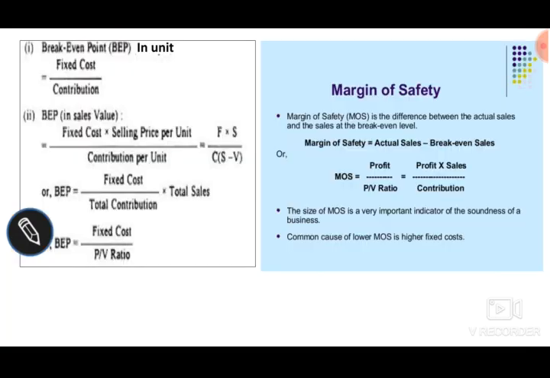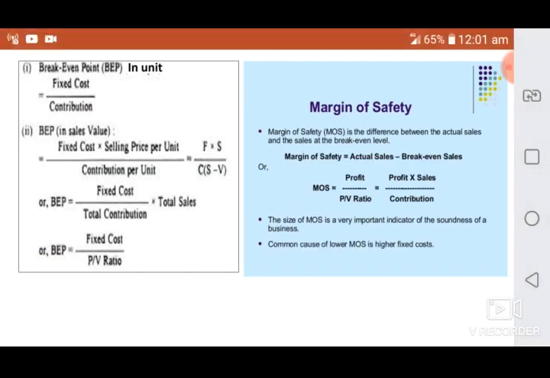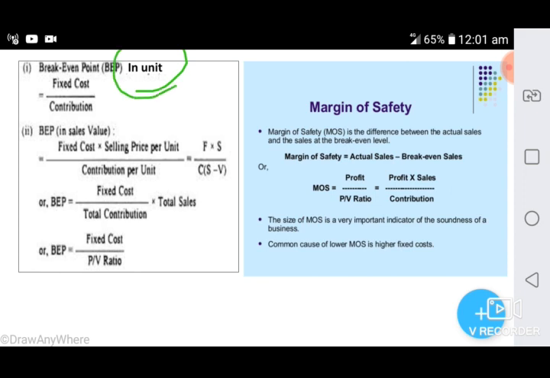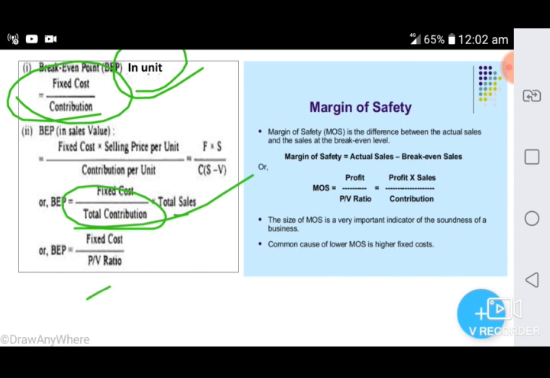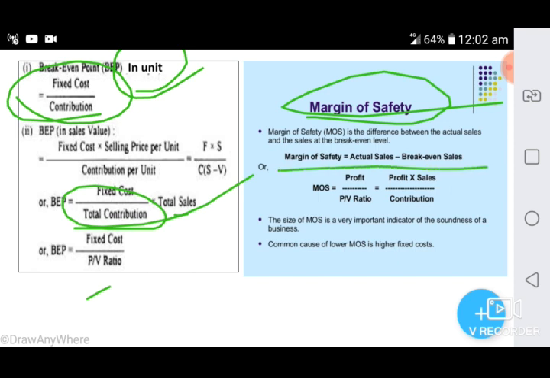Then also break-even point in units and sales. In units, the equation is fixed cost divided by contribution. In sales, fixed cost divided by contribution into total sales, and also fixed cost divided by PV ratio. Then margin of safety is the difference between actual sales and break-even sales, or profit divided by PV ratio.